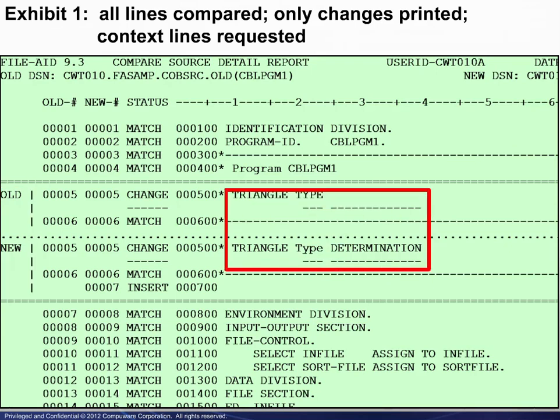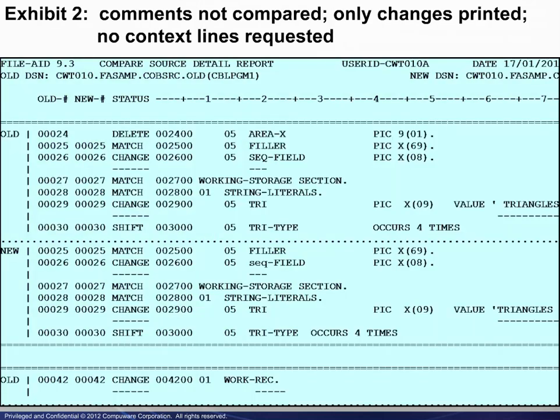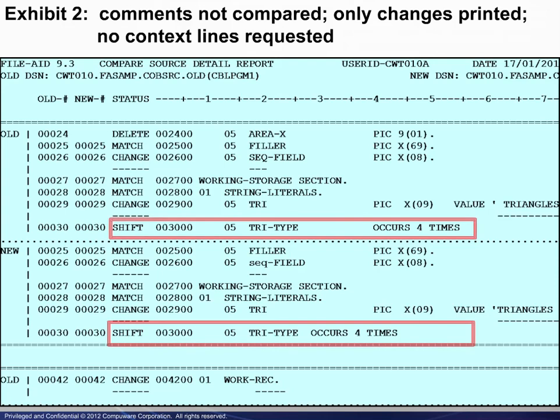The changed line includes a change from upper to lower case and added text. For Exhibit 2, comments were not compared, only changes were printed, and no context lines were requested. Notice that shifted code, though not changing the program logic, was requested to be displayed as a change.